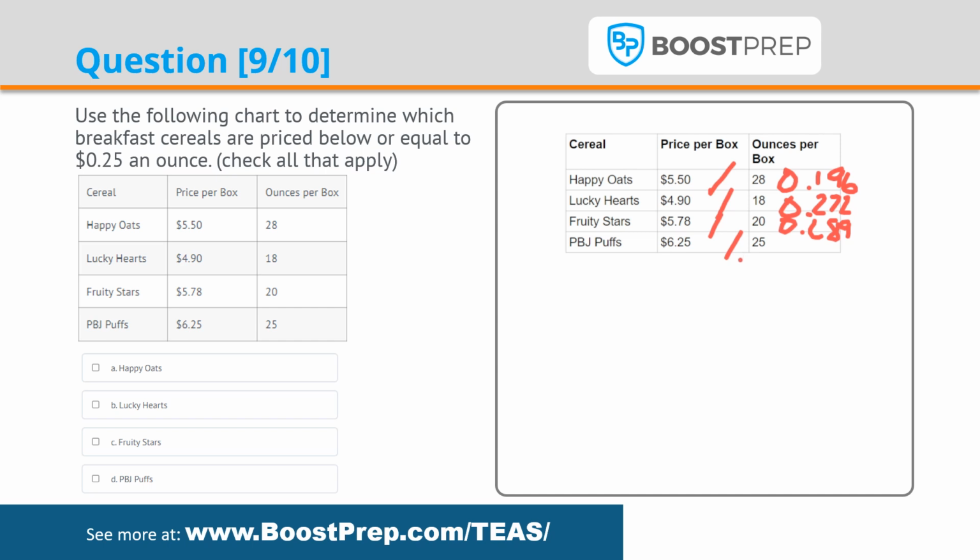And 625 divided by 25, we get 0.25. Since the question asks which of these are priced below or equal to 0.25, we can identify that Happy Oats and PBJ Puffs are the correct answers.